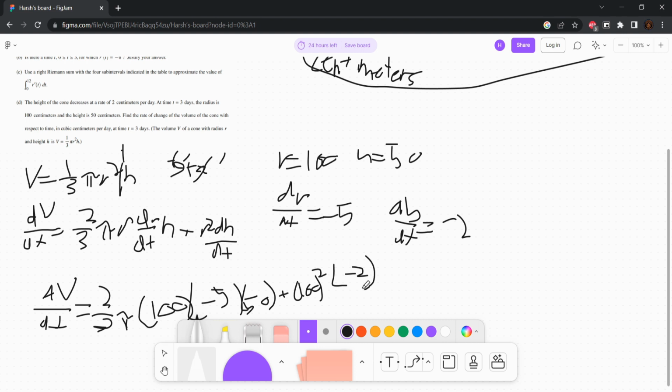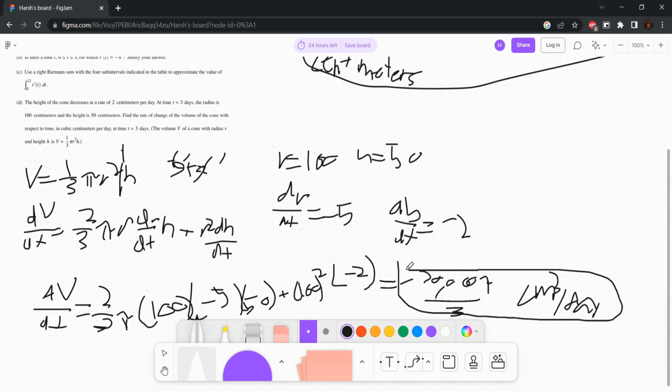And if we solve for this, you'll get -70,000 pi over 3 centimeters cubed, because it's volume per day, and that will be D.